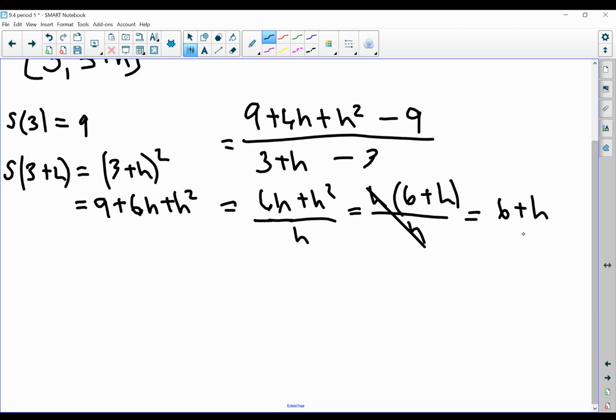So here, we know h couldn't be 0 in reality, because then we would find the speed between 3 and 3, and that gave us 0 over 0, or indeterminate. But if this expression represents the speed between 3 and 3 plus h, what I can do is limit, or make that h value approach 0.